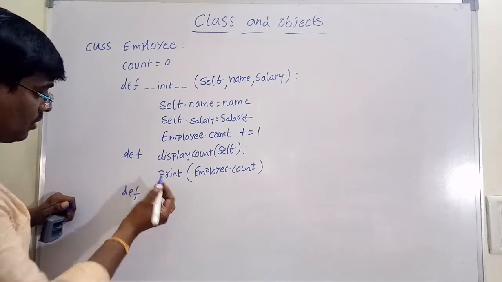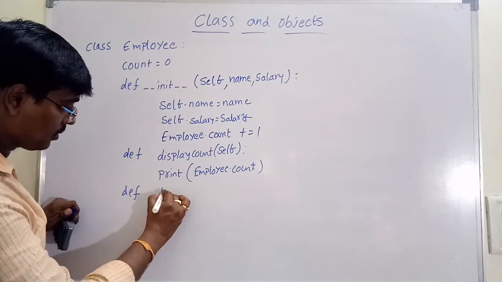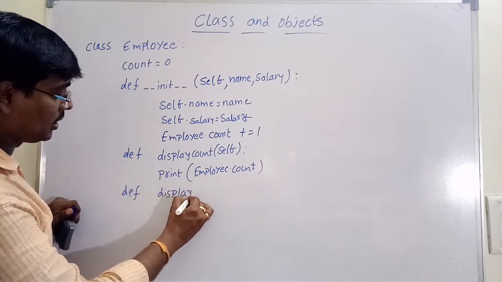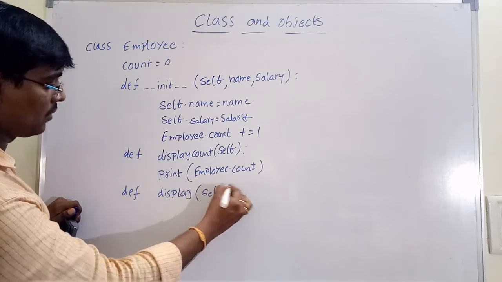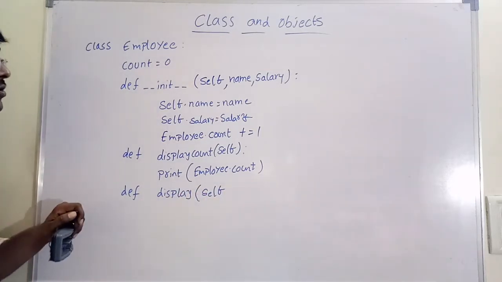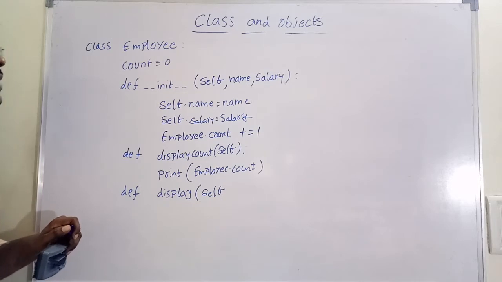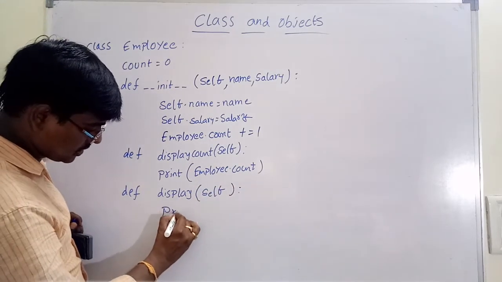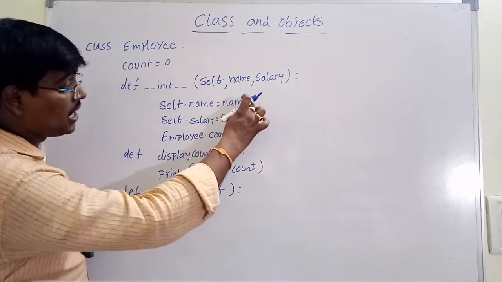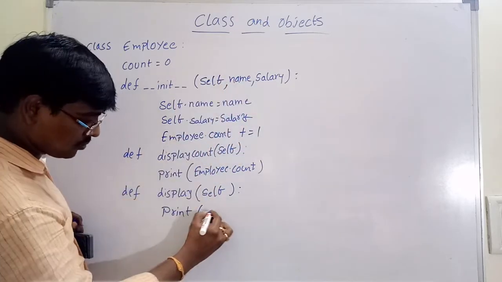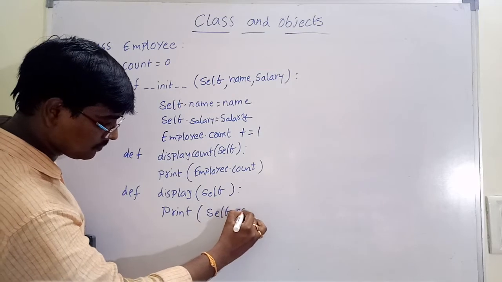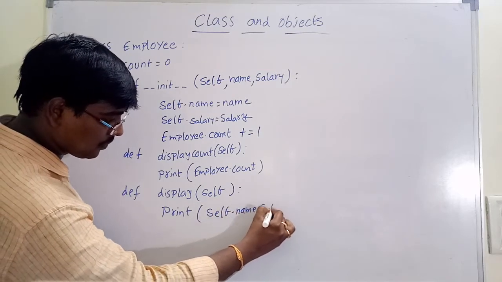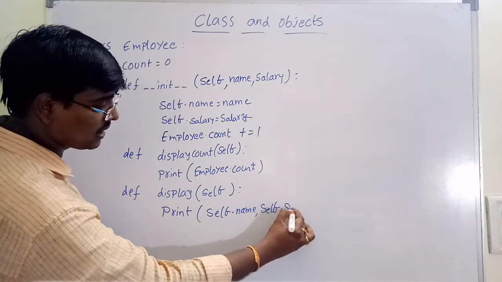Suppose I define one more function, def display(self). If you want to display the name and salary, the same procedure we already discussed. The name and salary are passed to this, so self.name, comma, self.salary.